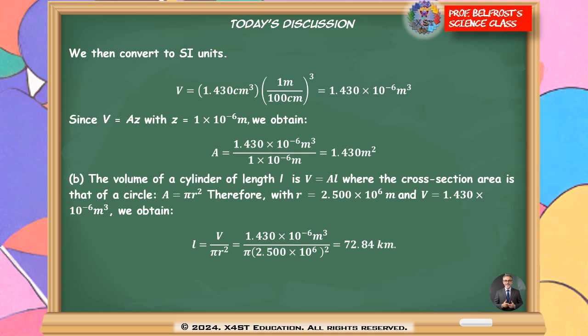Because we know that the volume equals the area times the thickness, the area can be calculated, and it yields 1.430 square meters. The following cylinder is actually very simple too. We just need to plug all the terms into volume equals pi r squared times L, and we can find L, the length, to be 72.84 kilometers. Very simple.